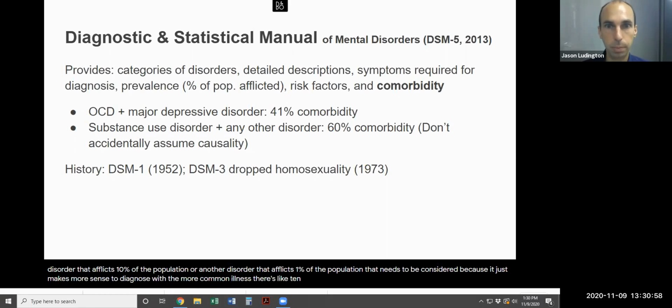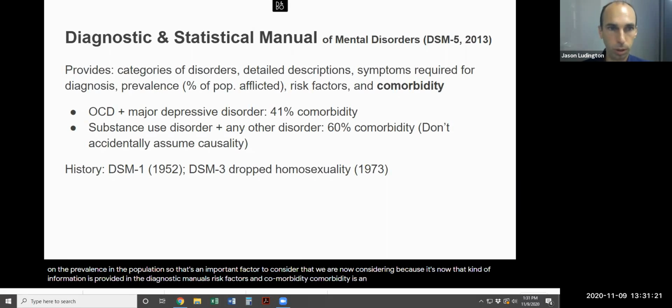There's like 10 times more probability that it's that illness based on the prevalence in the population. So that's an important factor that we're now considering because that kind of information is provided in the diagnostic manuals. Risk factors and comorbidity.